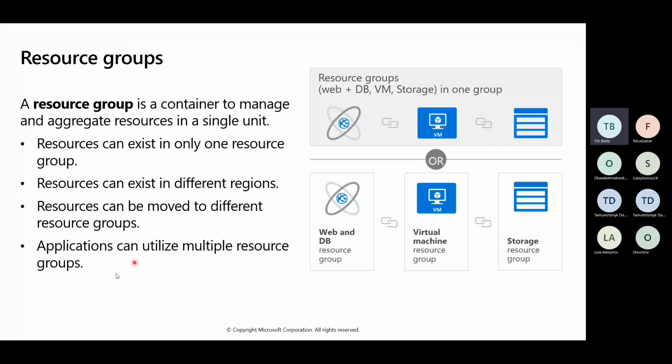So applications can utilize multiple resource groups. The reason for this is when you talk about applications, right? You have a web app. Your web app has a database that it is going to be talking to. This database will have a VM that is allocated to it, or even the web app has an app service plan, which is a virtual machine that gives you access to be able to use IIS on it.